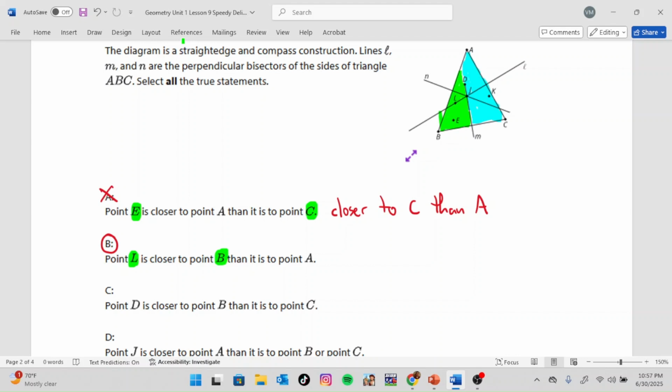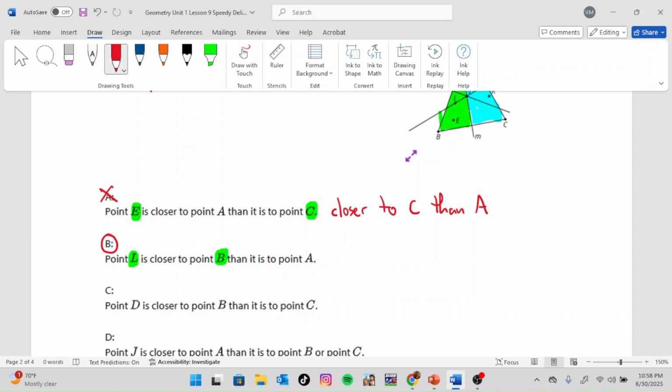So we're talking about D, and D is actually directly on the perpendicular bisector.